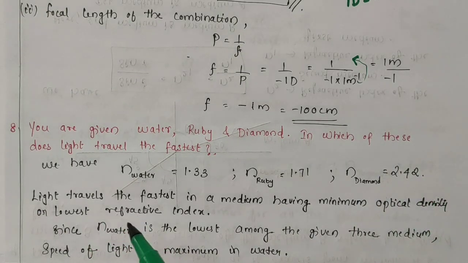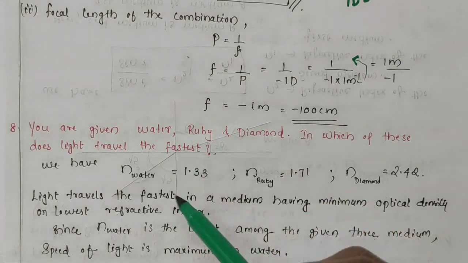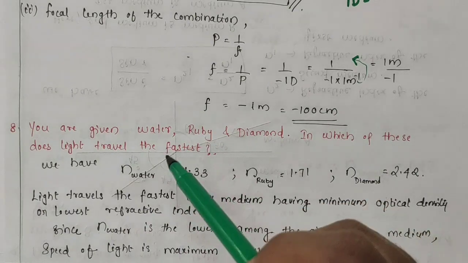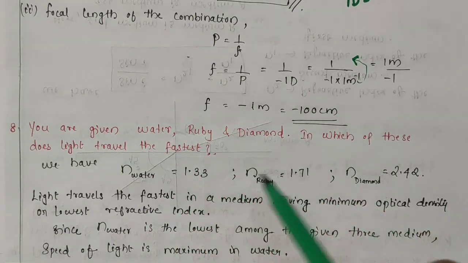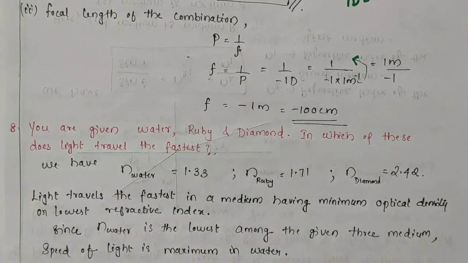Light travels the fastest in a medium having minimum optical density. That means lowest refractive index. So here, since water has the lowest refractive index or minimum optical density among the three given media, speed of light will be maximum in water.